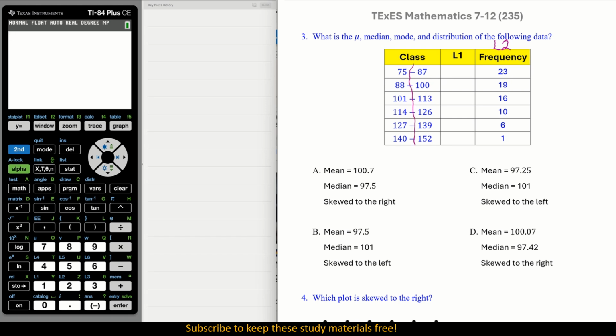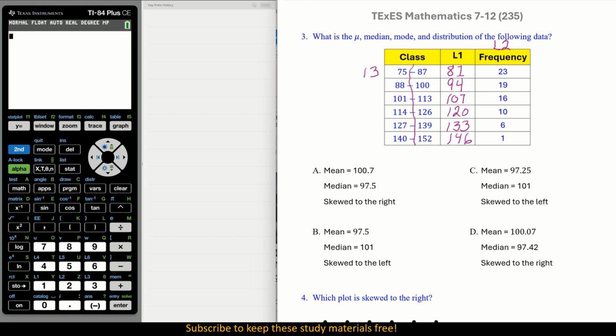Okay. We need these centers. We know that our width of each of these classes is 13. Remember, you have to count all the numbers. Okay. So we have 81. Okay. And then we just add 13 to each of those. So we have 94, then 107, then 120, then 133, then 146.